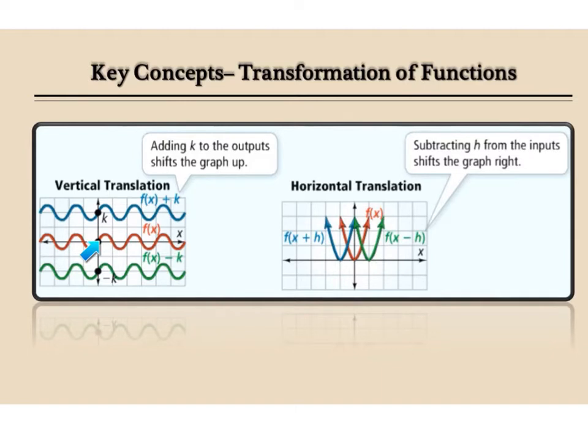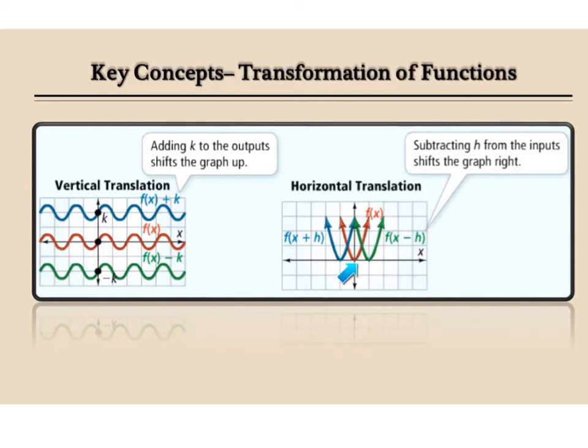If we wanted to move this parent function up, we would add a number after it. If I want to move it down, I would subtract a number. So if this was just a line, and this was y equals 0, this would be y plus 2, and this would be y equals negative 2. All right, so you're just adding to bring it up or subtracting to bring it down.